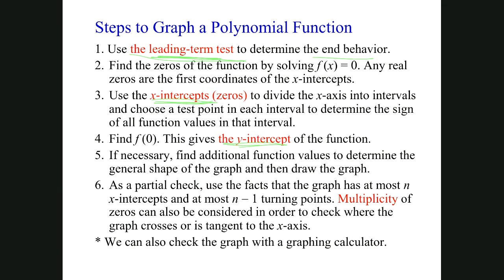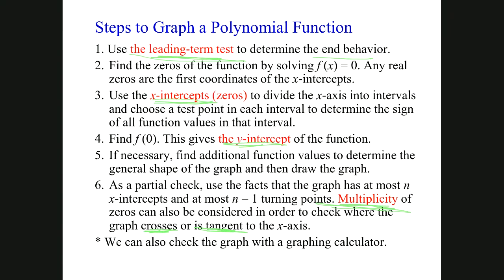After you find the x and y intercepts, you can mark the graph very well. The other one is called multiplicity. Multiplicity is about whether the graph is going to be tangent to or cross the x-intercept. So that's the multiplicity.